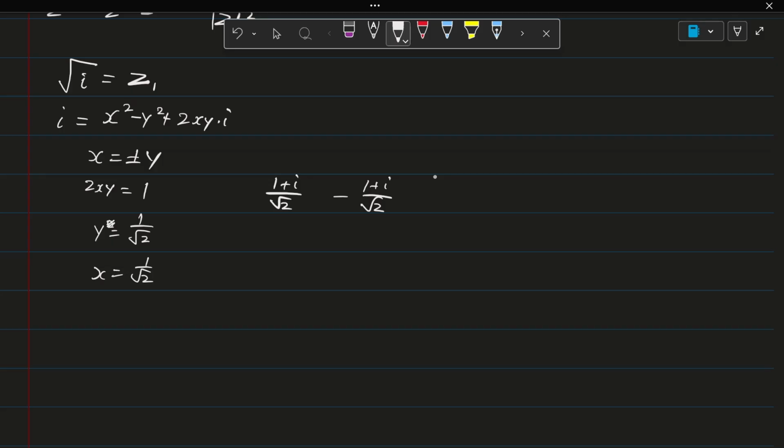We'll later discuss this when we talk about complex functions. But for now, we'll just state that the square root of i is 1 plus i over the square root of 2.